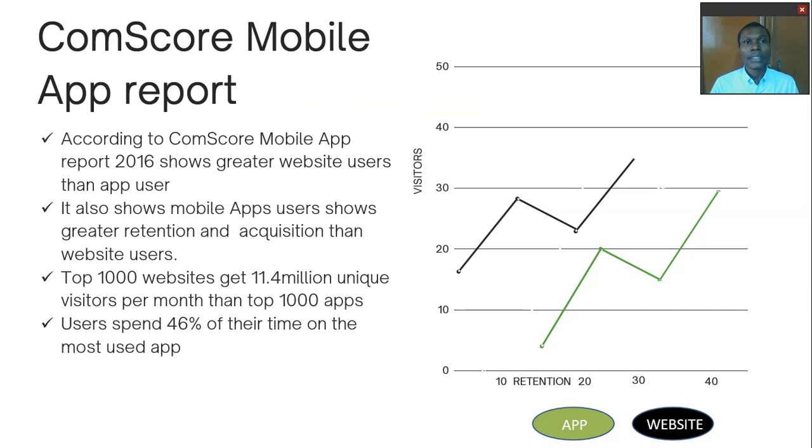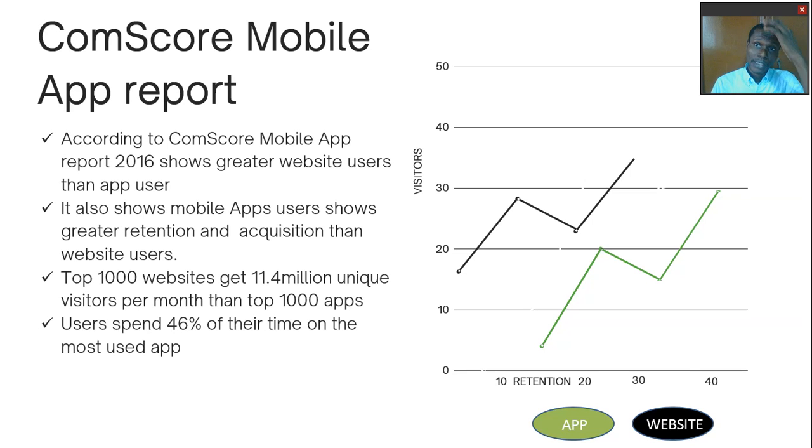All right, this is just a further breakdown. In addition, the first 1,000 websites get 11.4 million unique visitors per month, more than the app users. But app users have more customer engagement than websites.